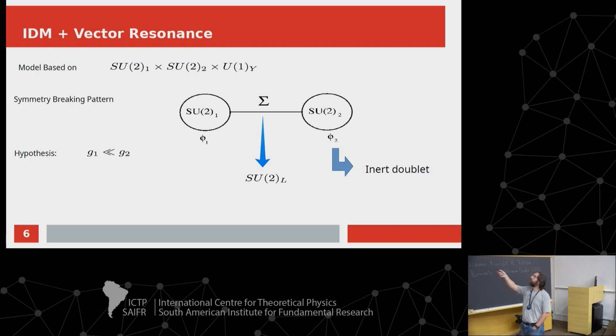Exactly. But the gauge bosons of this group couple to the standard model fermions, for instance, only through mixing with the gauge bosons of this group. And the mixing is proportional to g1 over g2. So it's small.